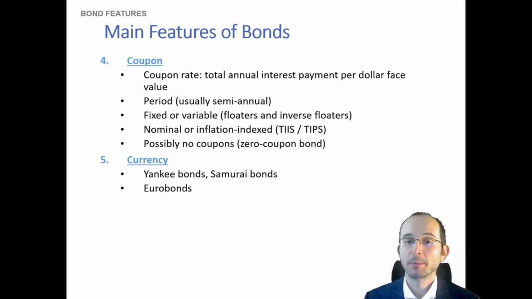So let's say a German company will issue a bond denominated in yen and traded in Japan. Well, that'll be called a samurai bond. And if they issue a dollar-denominated bond that trades in the US, that'll be a Yankee bond. And of course, this will be a bond that trades outside of the company's domestic market, in this case, Germany.